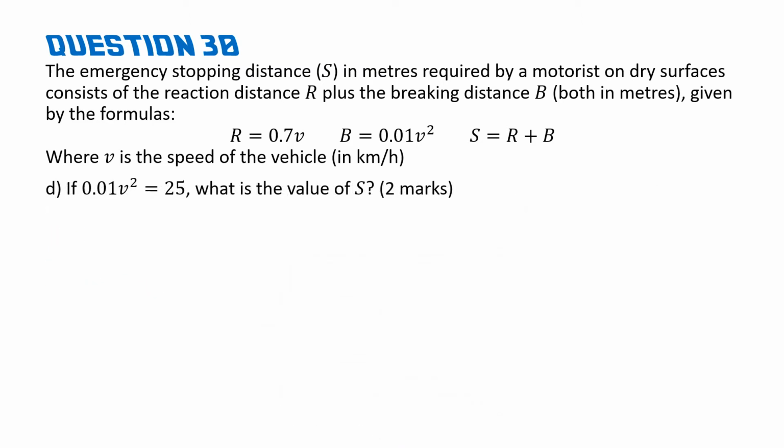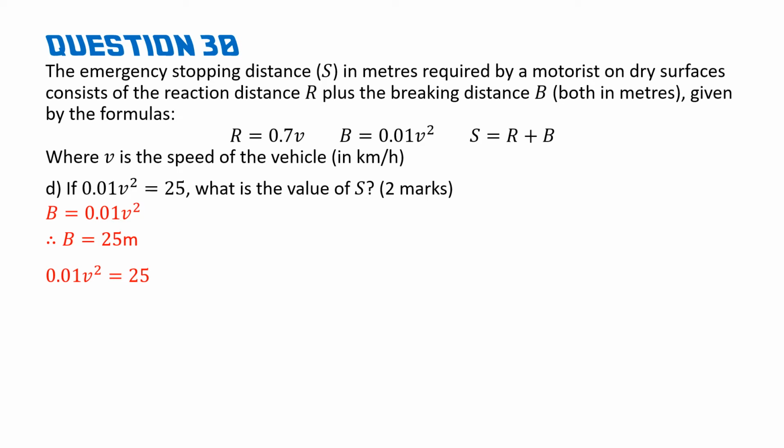Part D, if 0.01 V squared equals 25, what is the value of S? Our 0.01 V squared, if we look at our formulas, is B. So if 0.01 V squared equals 25, we can therefore say that B is 25. Now, if we write out our equation, 0.01 V squared equals 25, I'm going to see what our value of V is going to be.